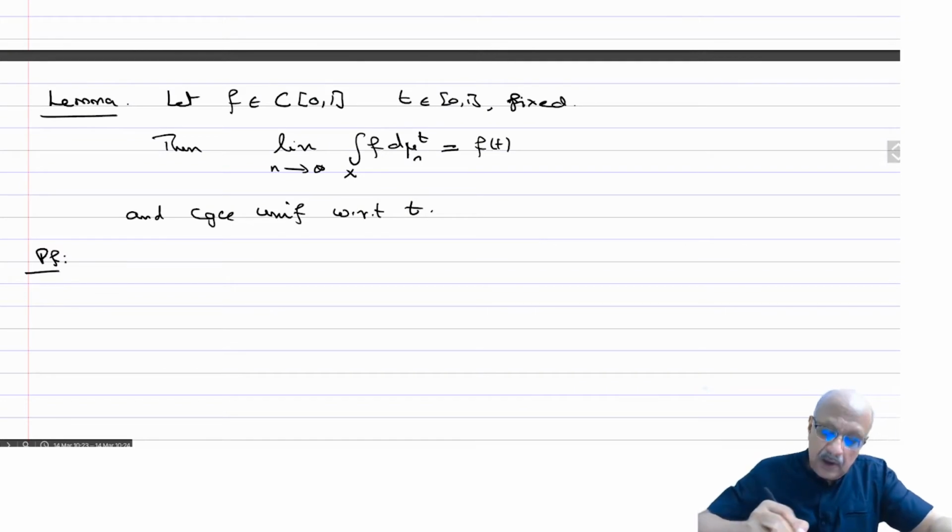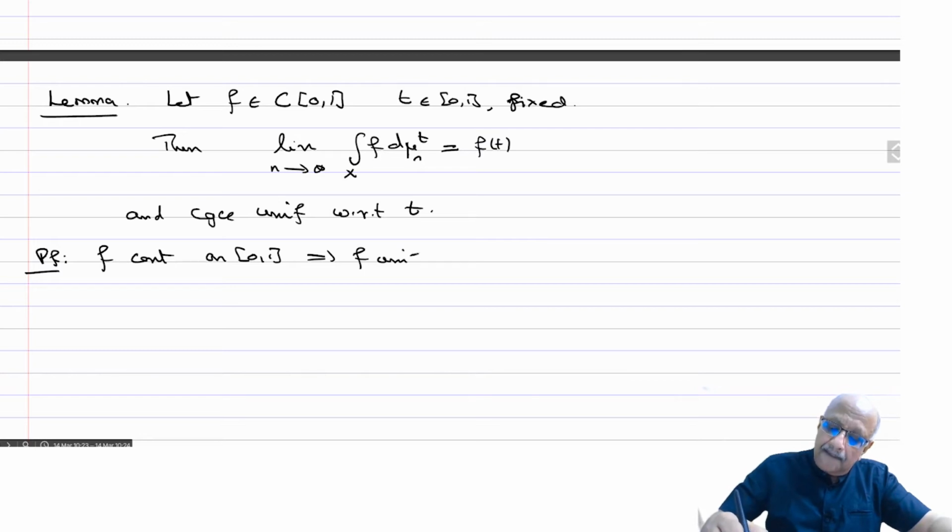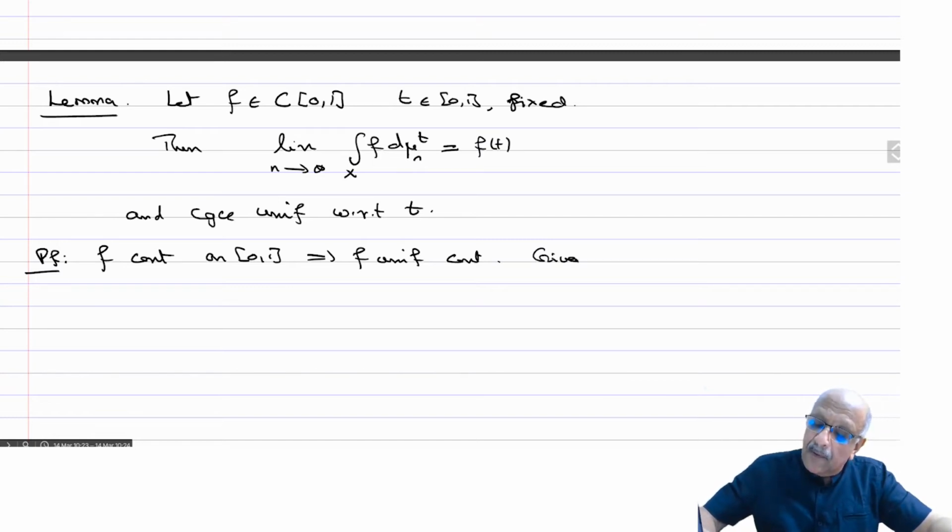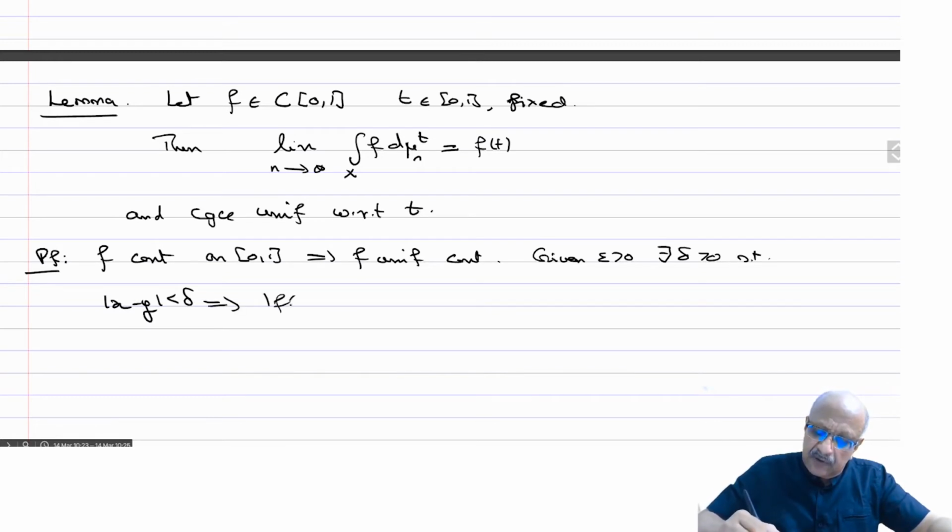Proof. So f is continuous on the compact interval 0, 1, so f is uniformly continuous. So given epsilon positive, there exists delta positive such that mod x minus y less than delta implies mod f x minus f y less than epsilon.